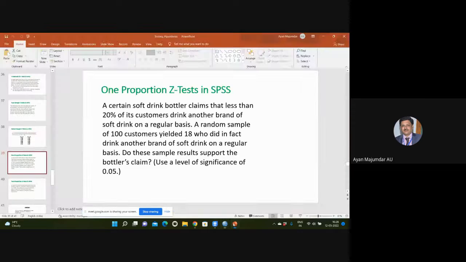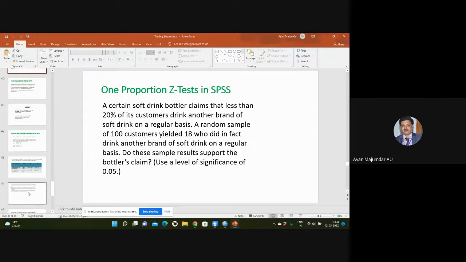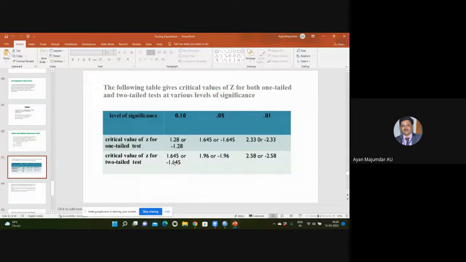Alternatively, since we are taking up Z for the first time, like the T test, there are table values of the Z test. This is the Z test table value.